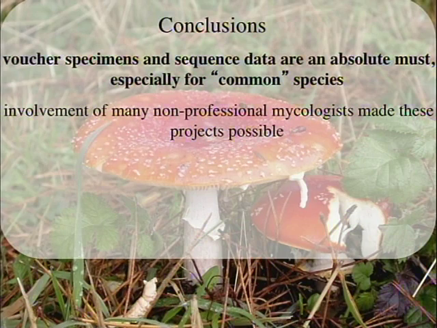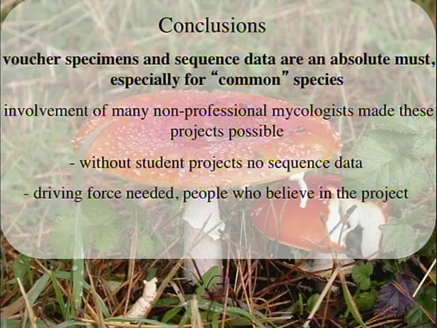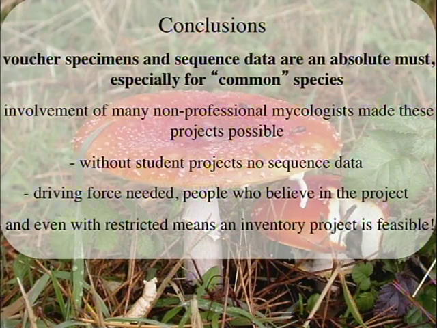These projects would not have been possible without citizen science, amateur mycologists, or whatever you call them, and also without student projects, we wouldn't have any sequence data. Sequencing students. And you also have to have someone who says, yes, we are going to do this. You need some driving force, or a pulling force or a pushing force, whatever you call it. You have to have someone who believes in it and is enthusiastic.